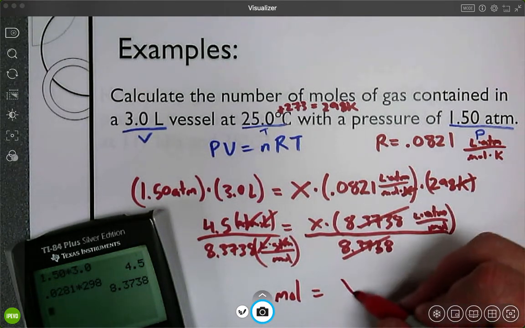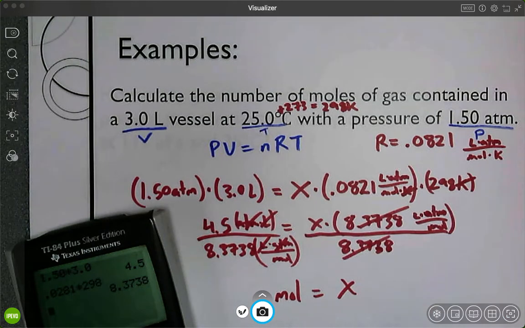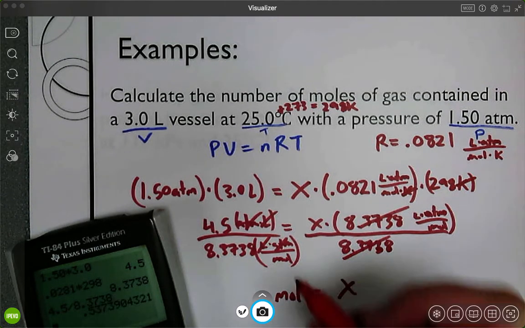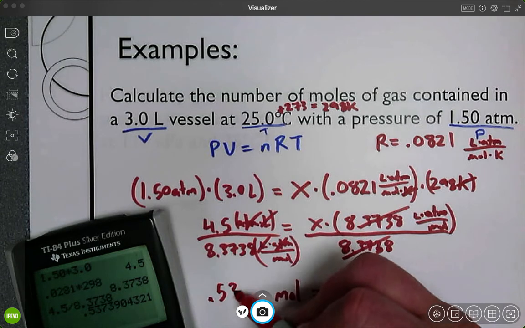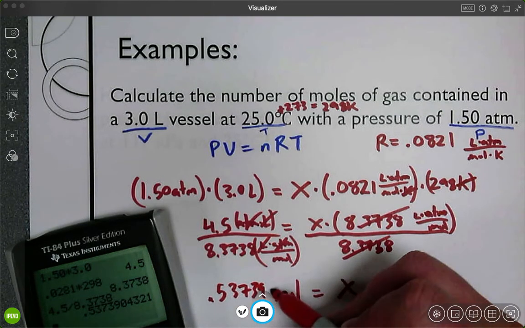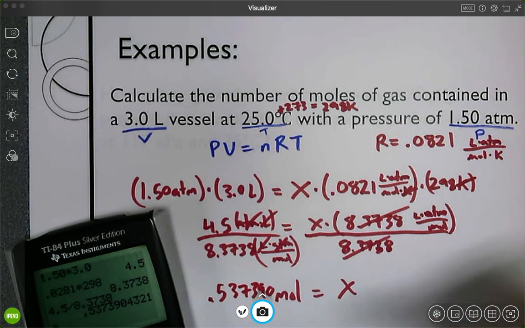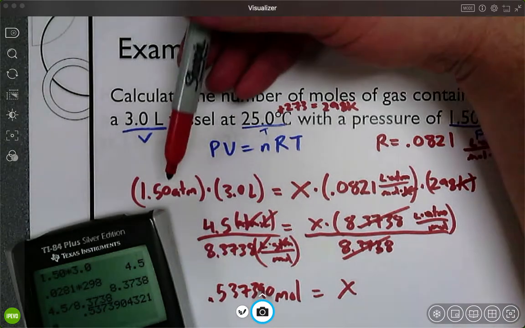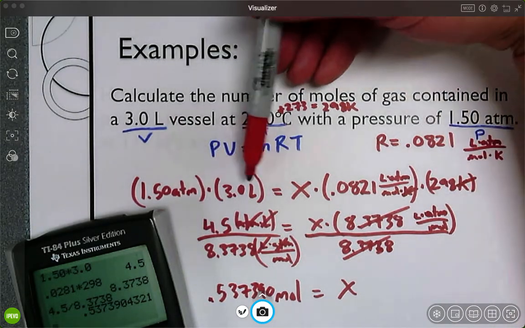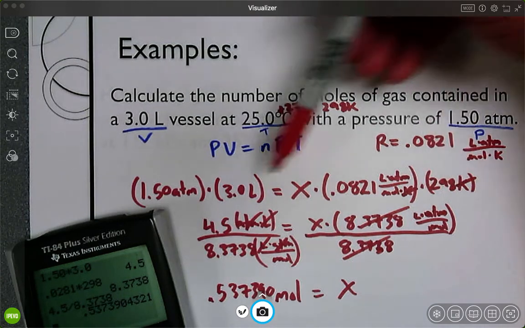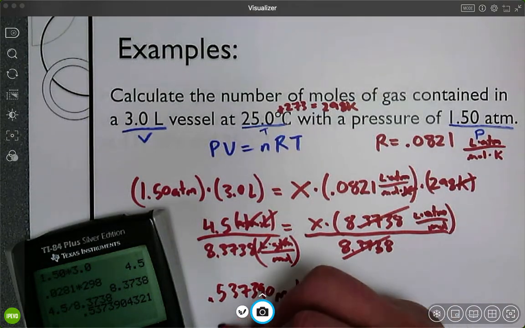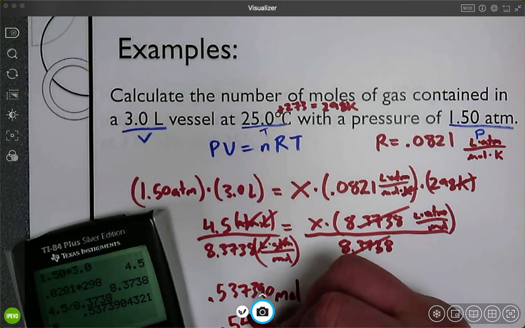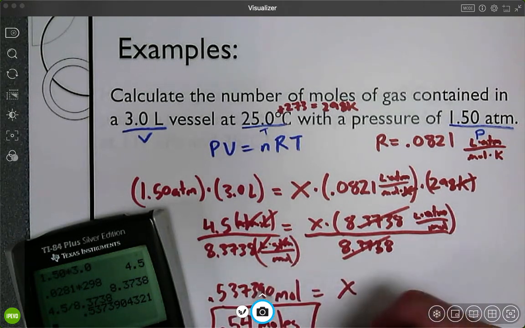The only thing left over here is X, so 4.5 divided by 8.3738 is 0.537390. I'm already going to know I'm going to need to round that, so looking at my numbers up here, 3 sig figs, 2 sig figs, 3 sig figs, 3 sig figs, 2 is the lowest. So I'm going to round that to 0.54 moles.